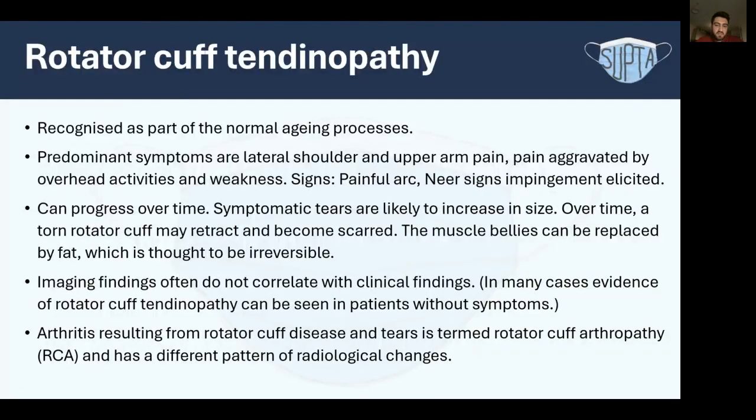So we would still ask the patients if they have any symptoms. If not, then it's not very worrying. And there is arthritis that can result from rotator cuff disease and tears, and that's rotator cuff arthropathy, which would show a different pattern of radiological changes to glenohumeral osteoarthritis.